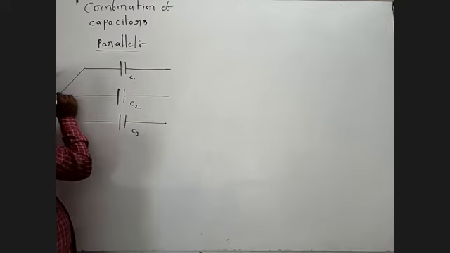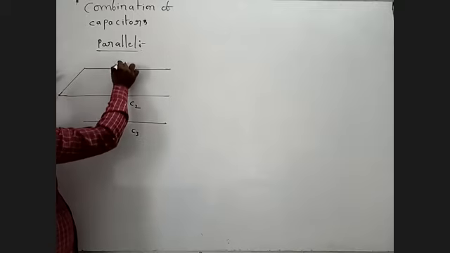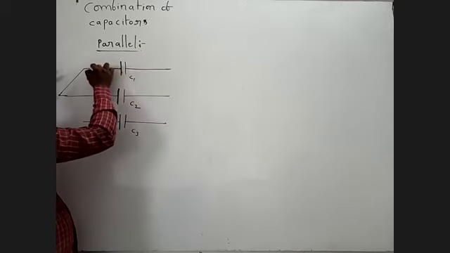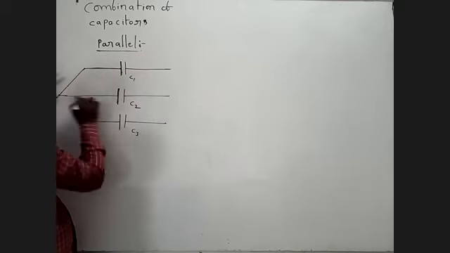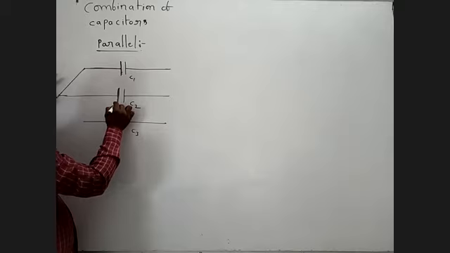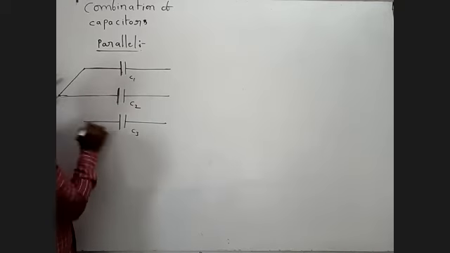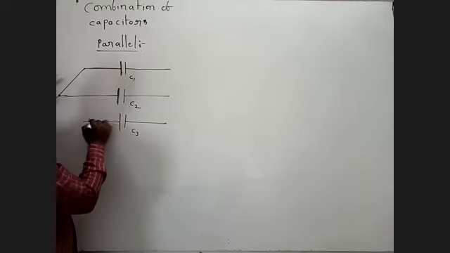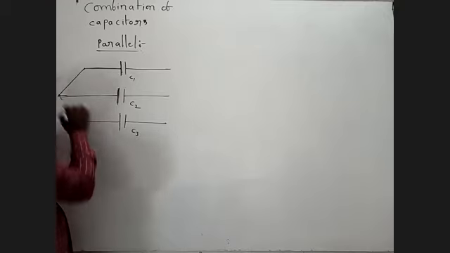All are joining. The first plate of the C1 capacitor is joining here, the first plate of the C2 capacitor is joining here, and the first plate of the C3 capacitor is joining here.